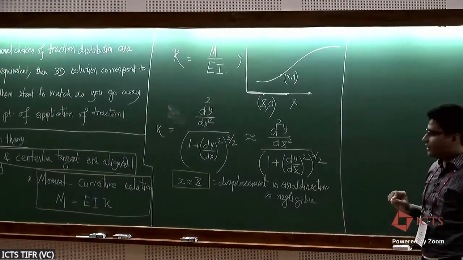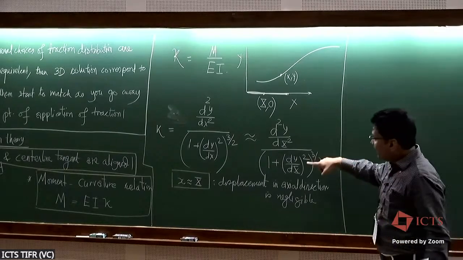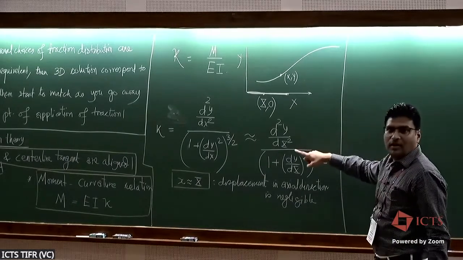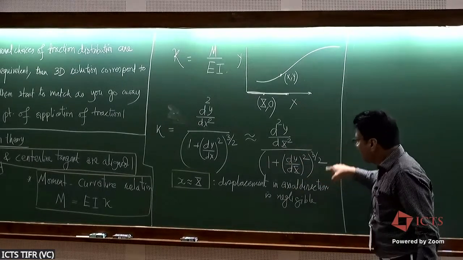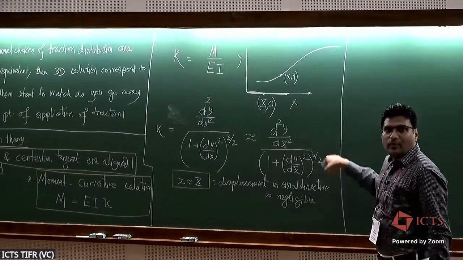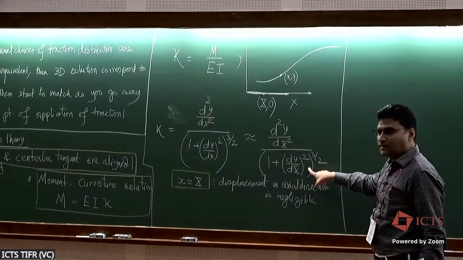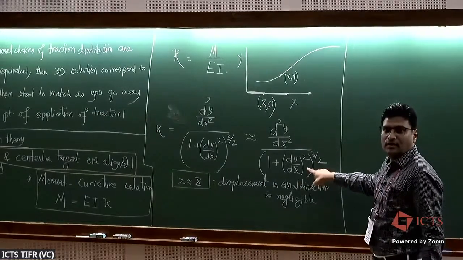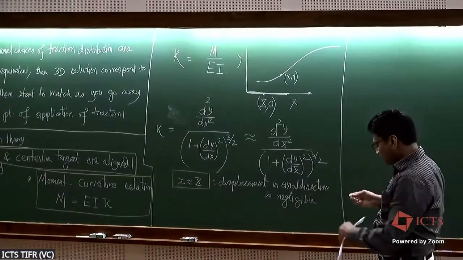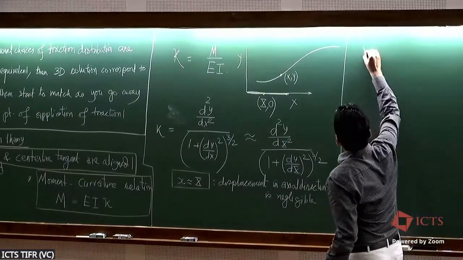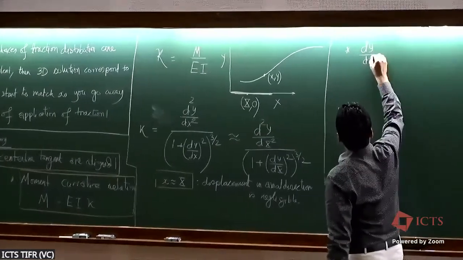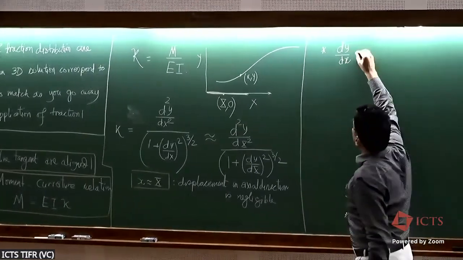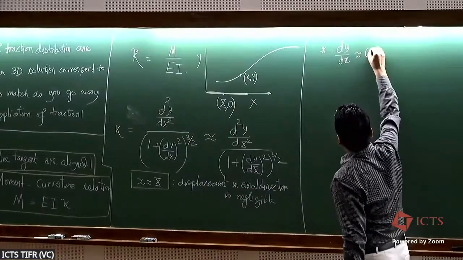The next approximation, to make this formula linear, I think many of you would have guessed, is that why don't I make the denominator constant? So what is said then is that assume that dy by dx is close to 0.